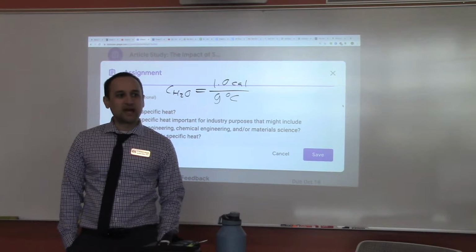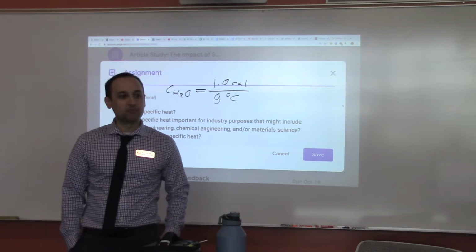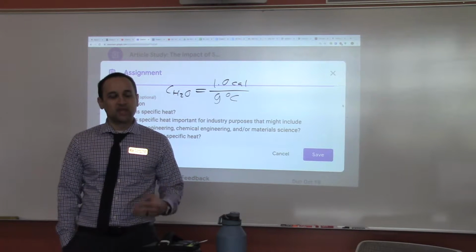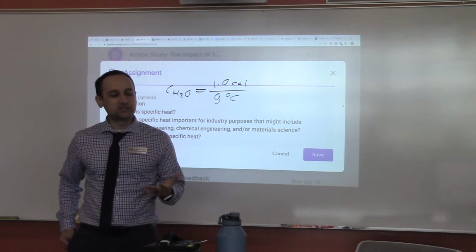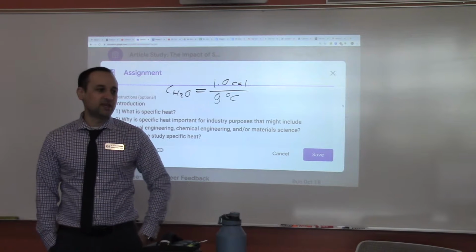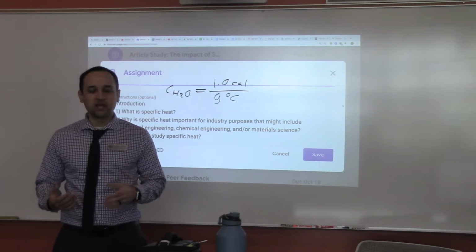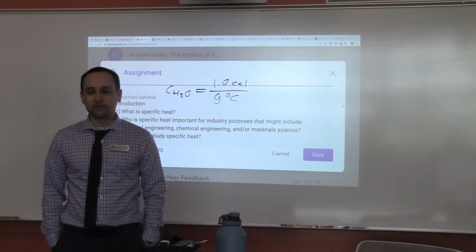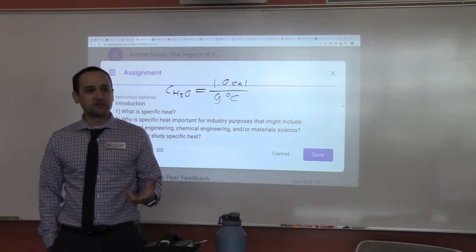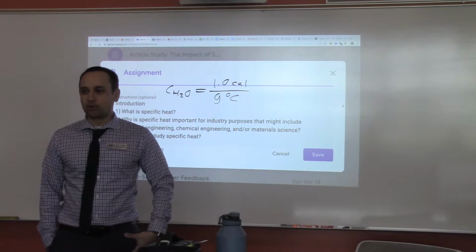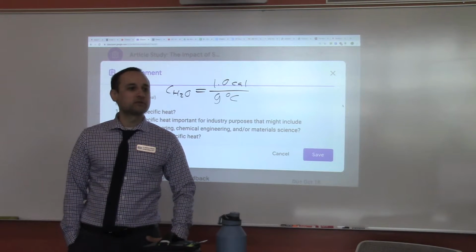That processor inside your phone or your computer, those microprocessors are the things that are heating up. If engineers don't understand the specific heats, or if they're not familiar with how those specific heats of the materials can affect their temperatures, then the engineers might unwittingly design a device that could burn you, right, from overheating. Scholars, are we okay?